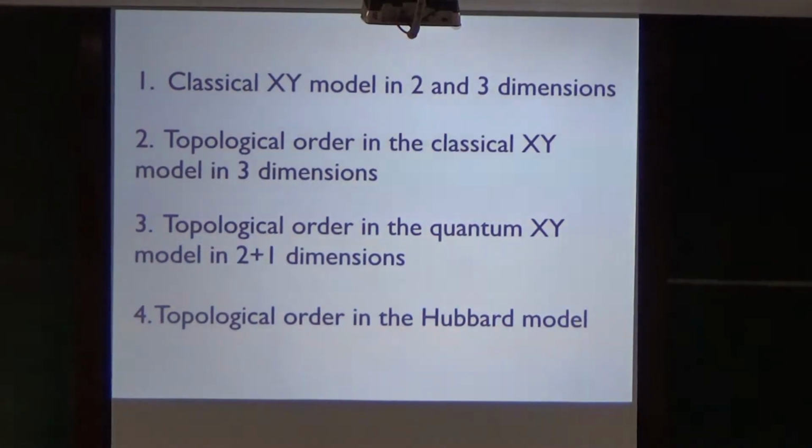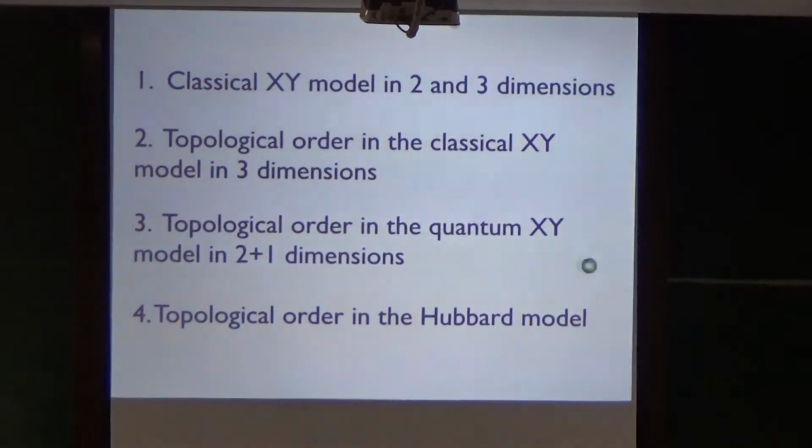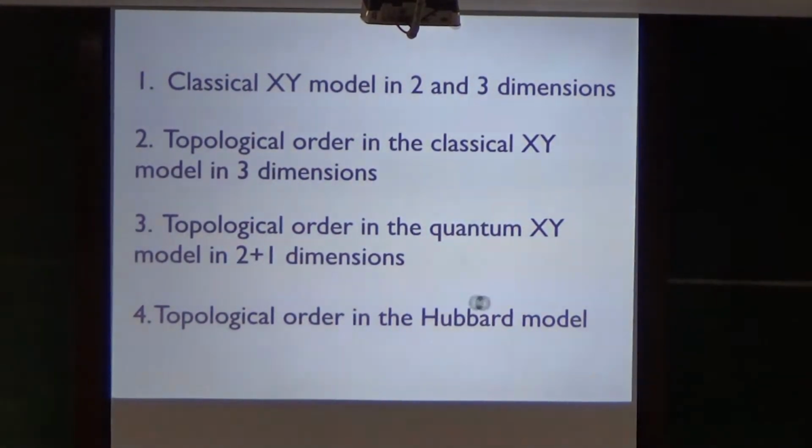And we'll use this as a tool to introduce the idea of topological order, which in some ways is a very old idea, but recently has found much greater application in many quantum systems, and eventually I'll talk about the application to the Hubbard model, which is a basic model of electrons relevant for high temperature superconductivity.